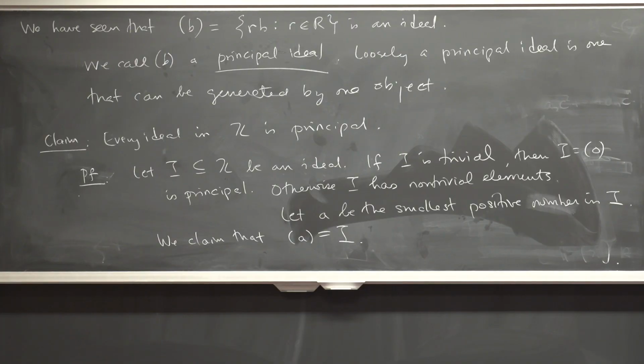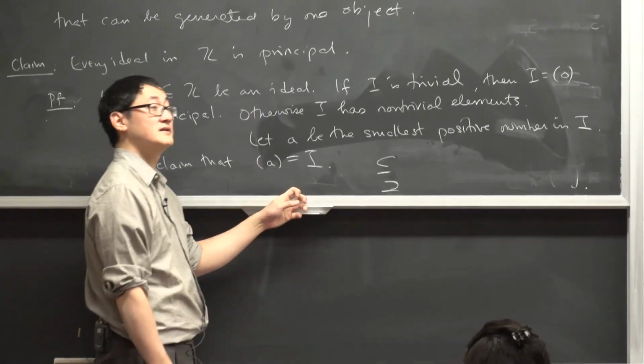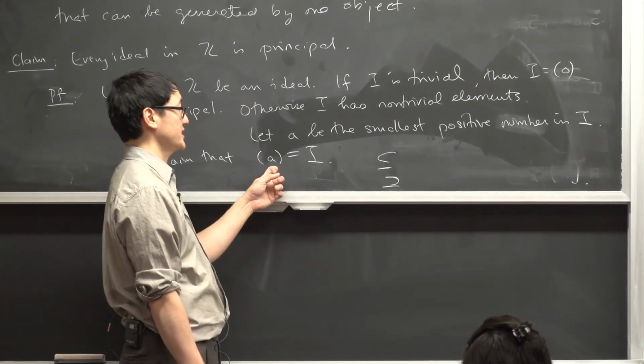Now, one direction is obvious. Which one? The forward direction or the backward direction? This is the forward direction, and this is the backwards direction. The forward direction is obvious. Why is that?